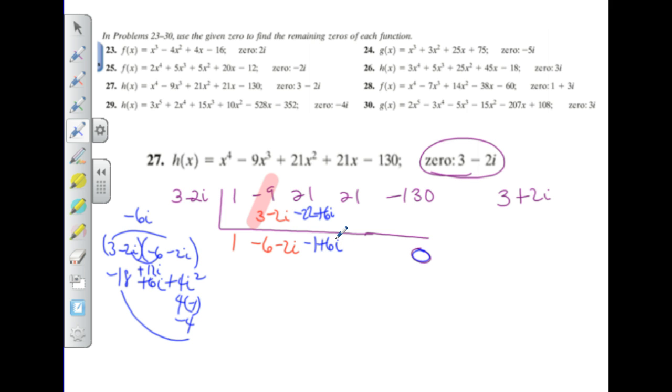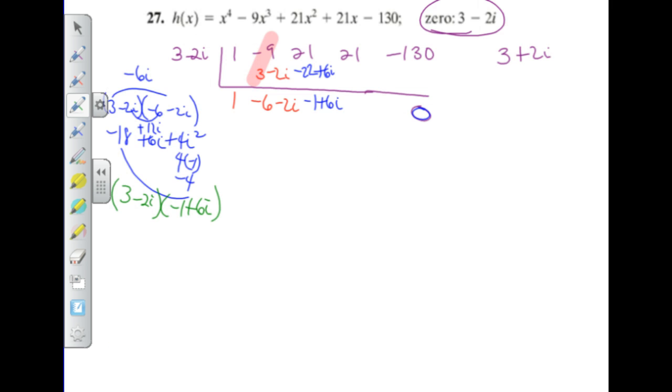Let's multiply again. This time, it's going to be 3 minus 2i times the negative 1 plus 6i. Alright, so here we go again. 3 times negative 1, negative 3. The outer is 18i. The inner is plus 2i for a total of 20i.